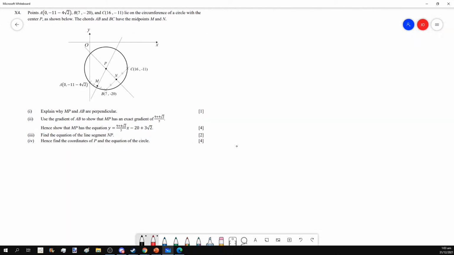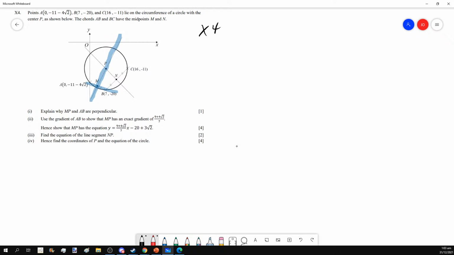Now, points A, B, and C have had their coordinates given to us, and we recognize that the chords AB and BC created have the midpoints M and N. The question goes on to say, can you prove, or rather, can you explain why MP and AB are perpendicular? So if we look at MP and AB, you'll recognize that MP comes from the diameter, and AB is this random chord over here.